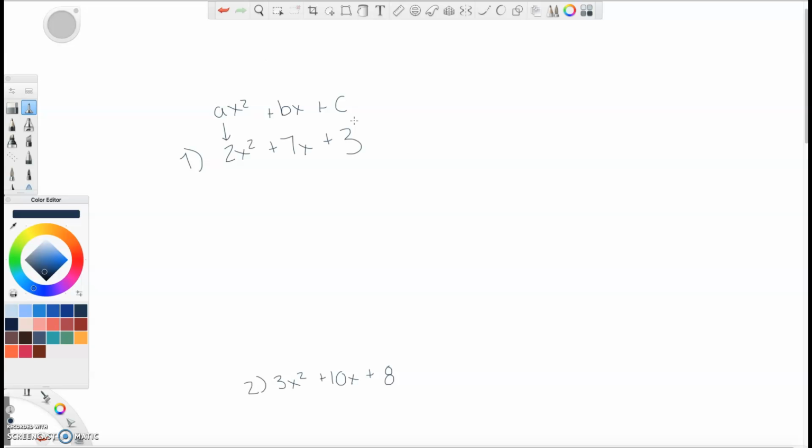Before we get started, like last time when we were doing quadratics, we dealt with two distinct methods of doing it. You could use the box as a graphic organizer, or you could use a more streamlined approach.